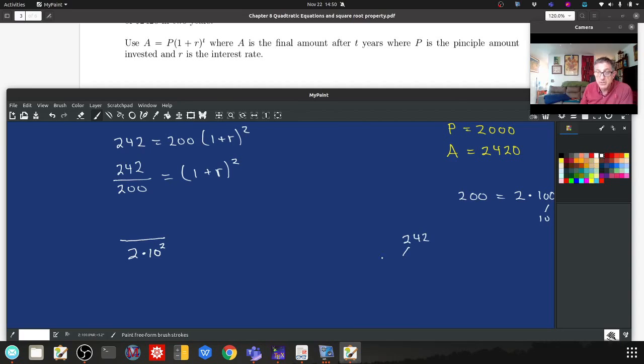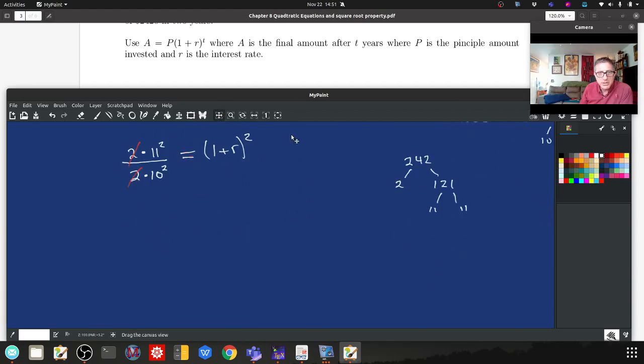The obvious thing to do is to divide it by 2. And that gives me 121. And I hope you recognize 121 is equal to 11 times 11. So 242 is equal to 2 times 11 squared. So those 2's cancel out. And that gives me 11 squared over 10 squared, equal to 1 plus r squared.